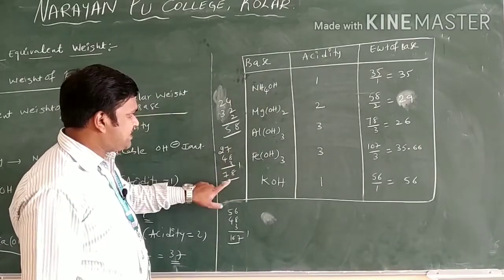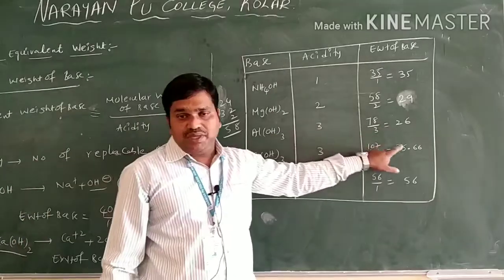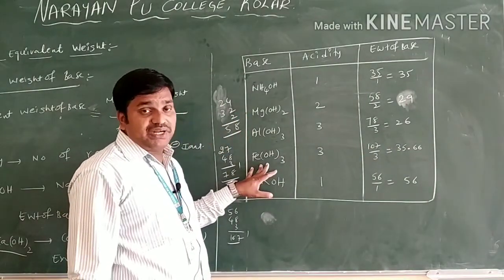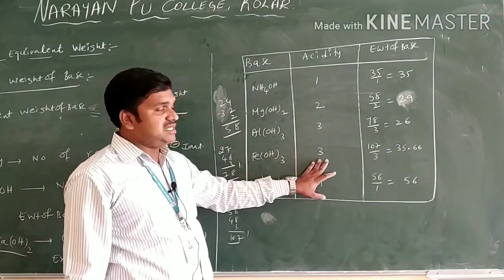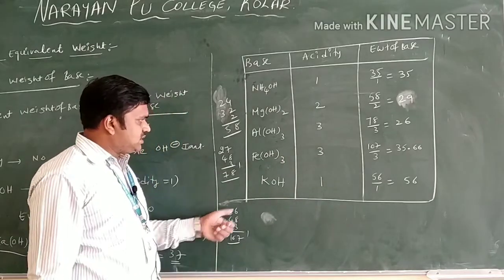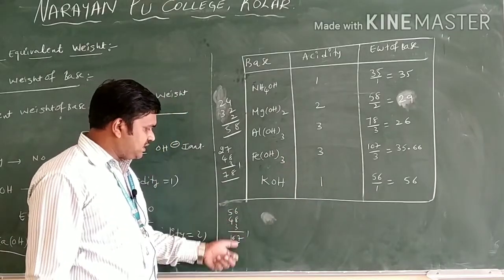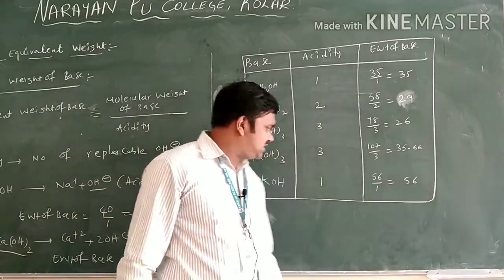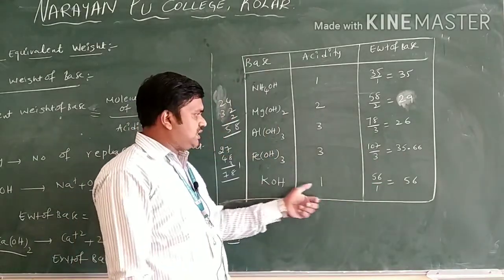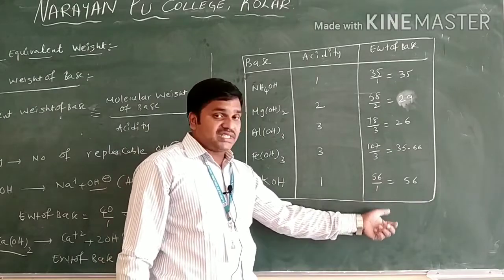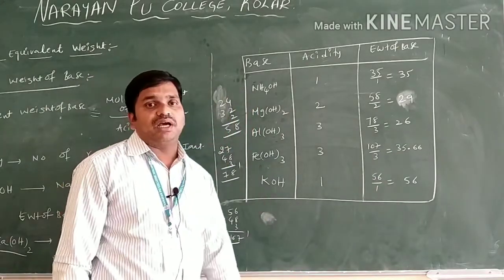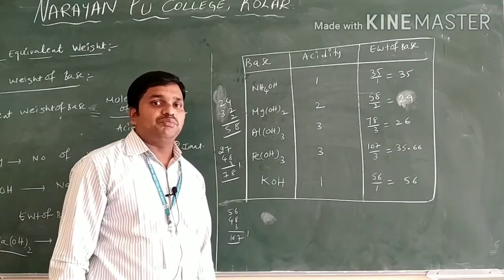So here you will get 78, that is 78 by 3, that is 26 only. Fe(OH)3, ferric hydroxide, 3 OH minus ions. Iron is 56, 3 oxygens 48, and 3 hydrogens, you will get 107 by 3, that is 35.66. If you take potassium hydroxide, that is 56 by 1, we have 56 only. In this way we have to find out the equivalent weight of the base.